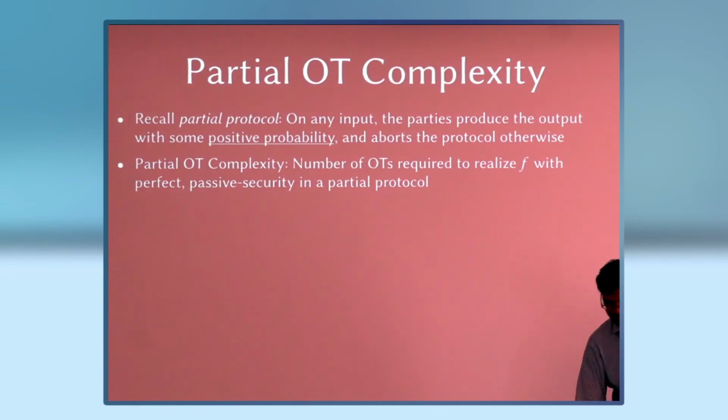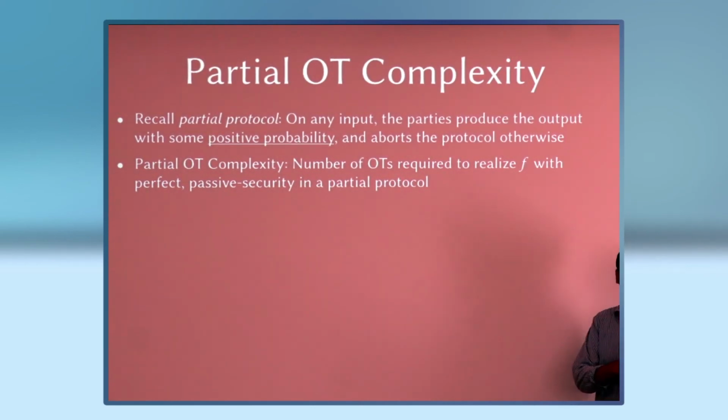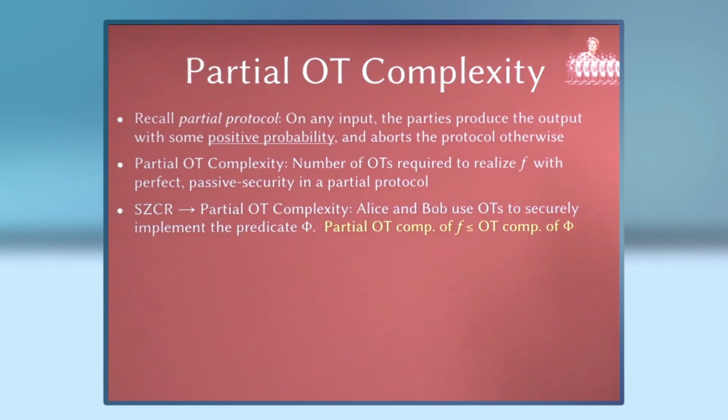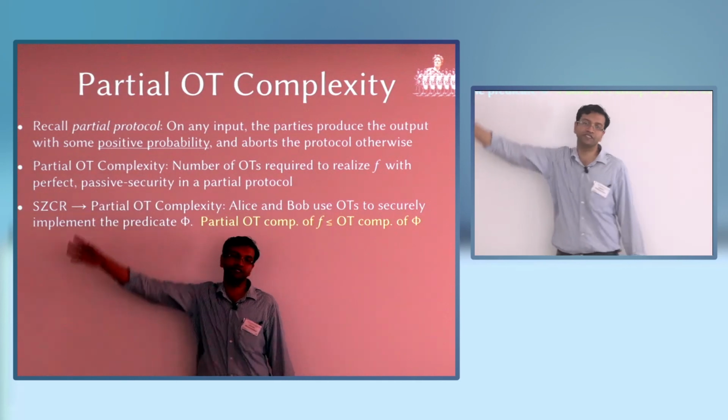How good is that? Like, can you expect that it's fairly tight? We don't know. But here is some kind of argument along those lines. So can you go in the other direction? Given a good Scissor, can you get a low OT complexity? We can't quite get a low OT complexity. What we can get is a partial OT complexity, where we are going to just accept with some positive probability.